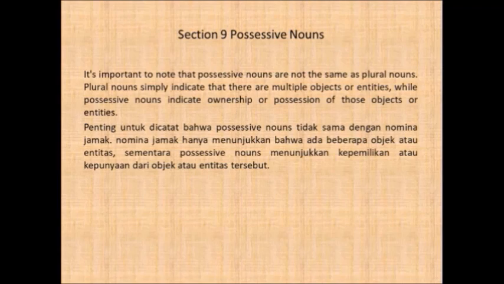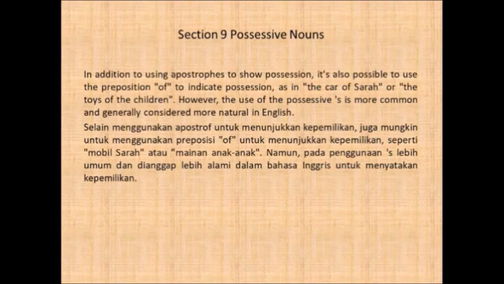In addition to using apostrophes to show possession, it's also possible to use the preposition "of" to indicate possession, as in "the car of Sarah" or "the toys of the children." However, the use of the possessive s is more common and generally considered more natural in English.